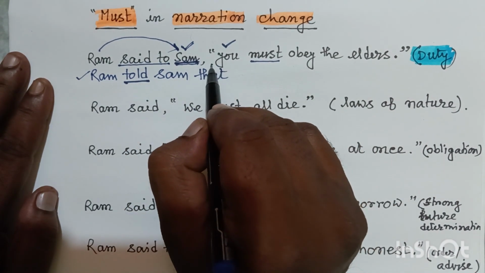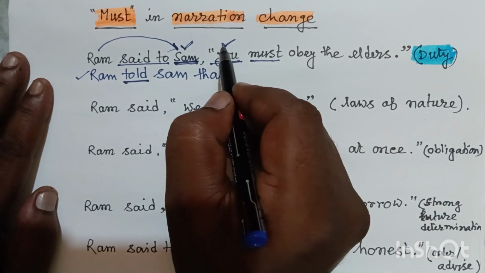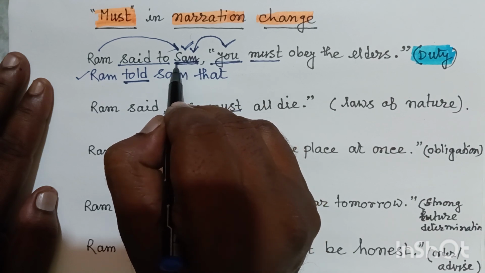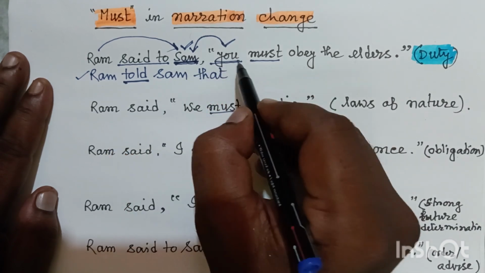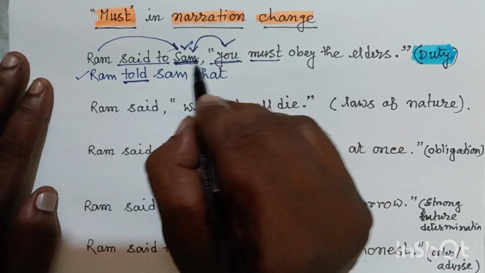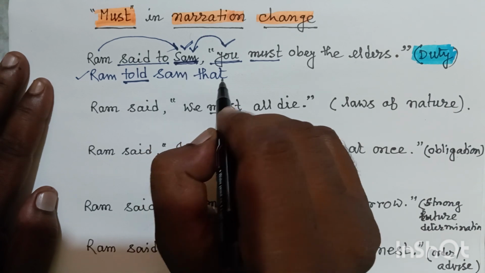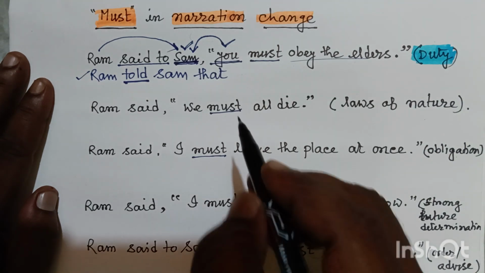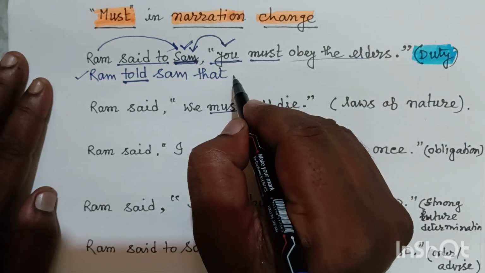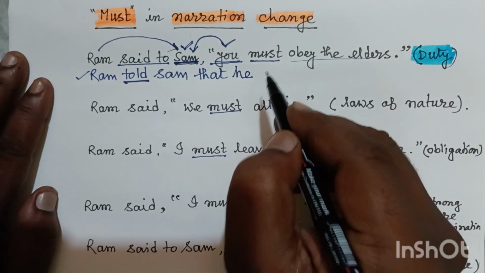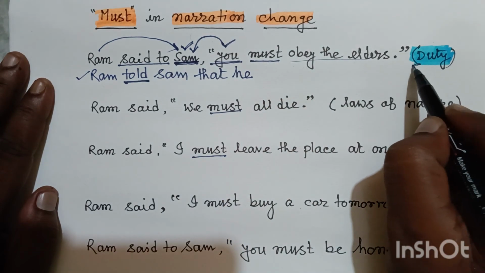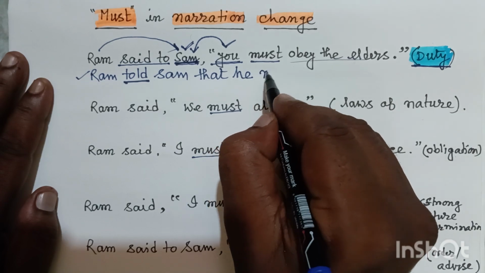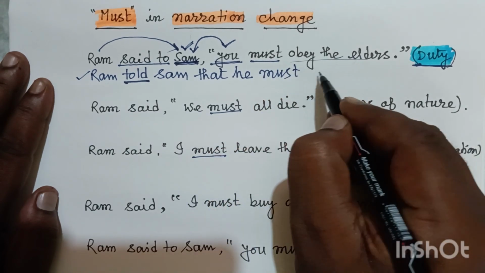Now friends, you can see this is the second person, and second person changes according to the listener. Here the listener is Sam. So Sam is third person singular number, so we have to use the pronoun of Sam, and as it is the subject of this reported speech, we have to write down he. And here, as it is expressing duty, we cannot change it. He must obey the elders.